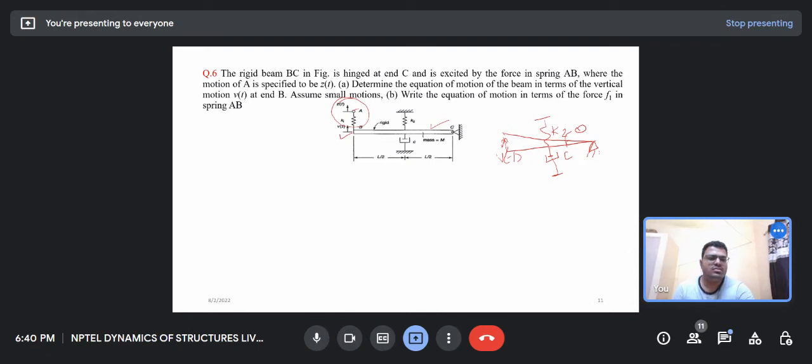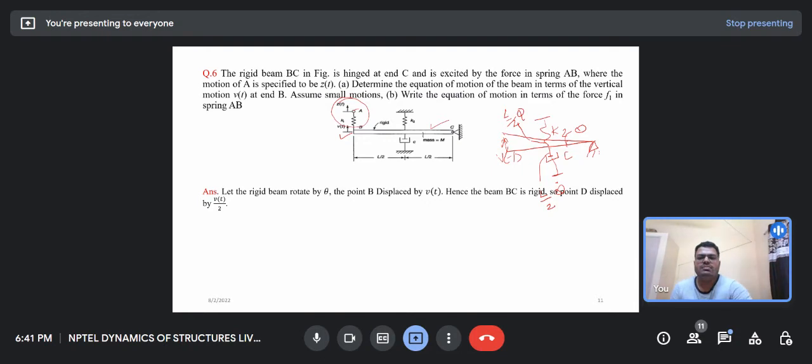What is the displacement in this K2 spring? That will be L by 2 into theta, and the velocity in the damper is also L by 2 into theta dot.